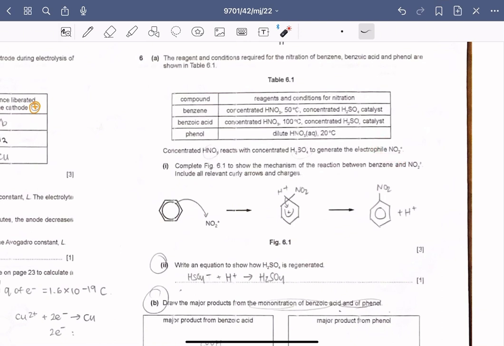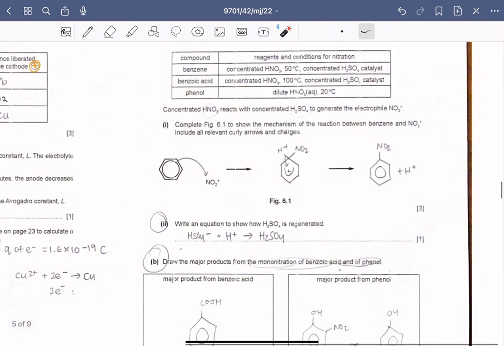Complete figure 6.1 to show the mechanism of the reaction between benzene and NO2+. So include all relevant curly arrows and charges. So when the electron pair goes there, it forms a bond, and so H+ from the bond leaves here, and therefore forms NO2 plus H+.